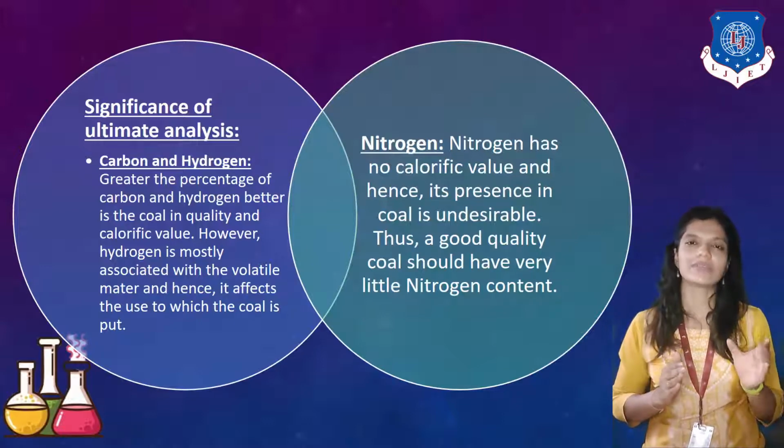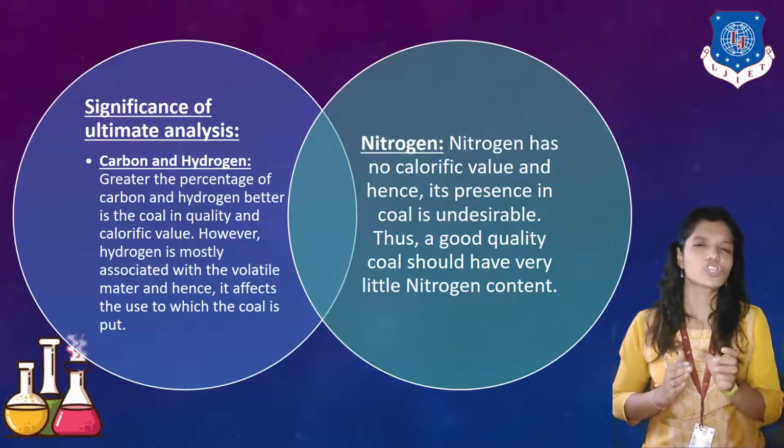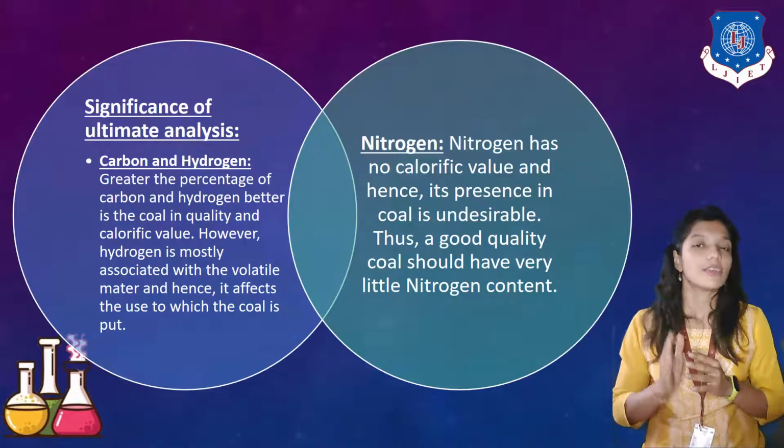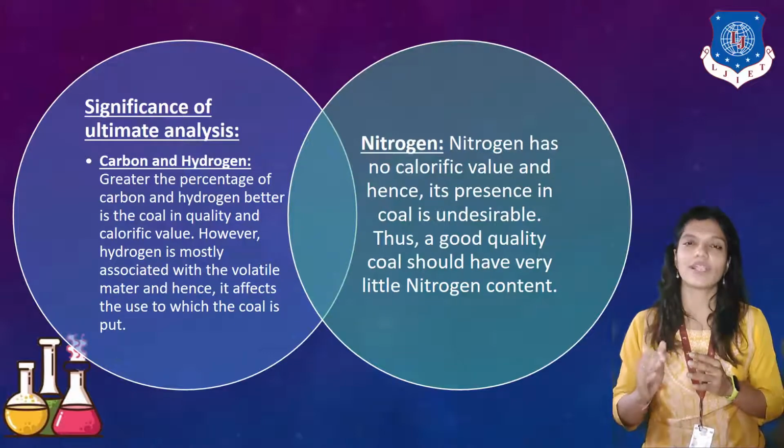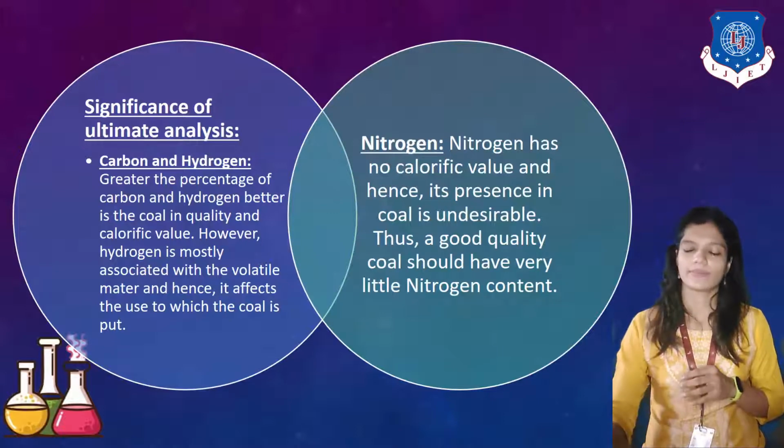Carbon should be present in a very high amount, hydrogen in a moderate amount, and nitrogen in a nominal or very little amount. If we want to consider our coal as a good coal sample or a high calorific value sample, it has to be understood that it should be in this proportion only.